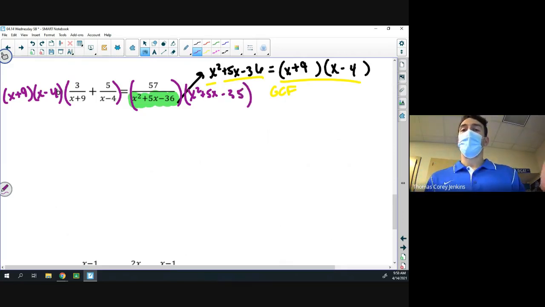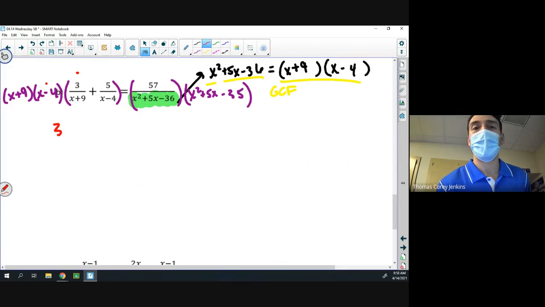All right, so when I multiply here, think about it fraction by fraction, right? So the first fraction, the x plus 9s are going to cancel each other out. So what am I really multiplying after that? I'm multiplying x minus 4 times 3, right? X minus 4 times 3 is what I'm left with after I cancel.